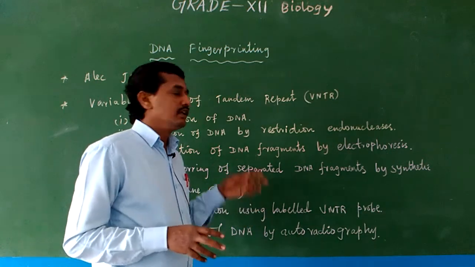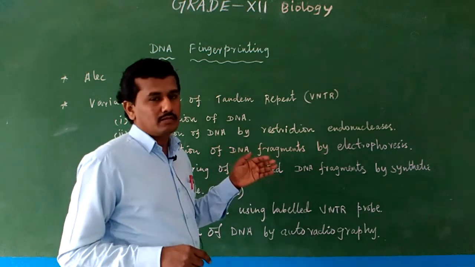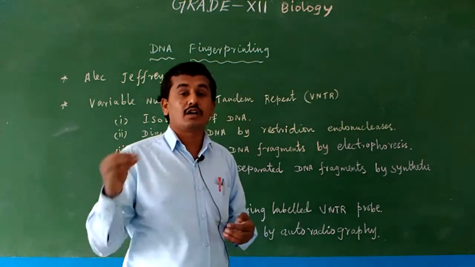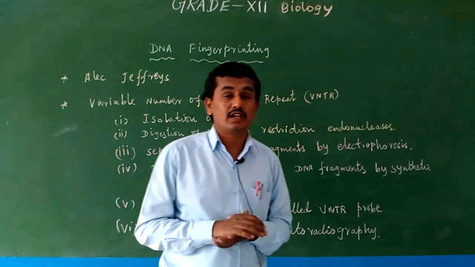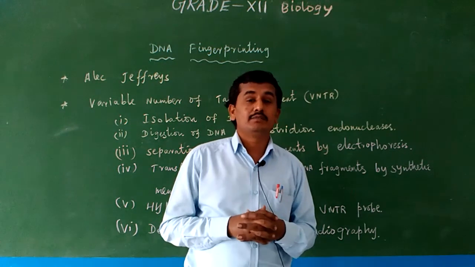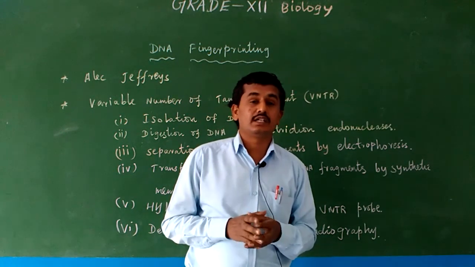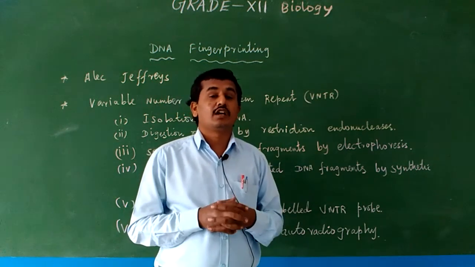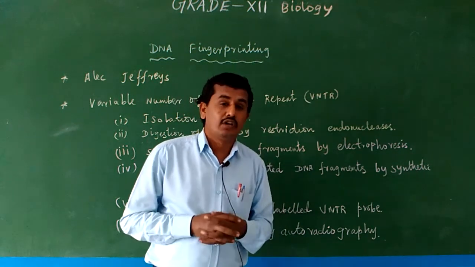After cutting, there are many machines for gel electrophoresis, with agarose gel. Agarose, from agar, which you studied in 11th standard: it is a polymer produced from the red algae Gracilaria and Gelidium. It is a chemical, the solidifying agent.